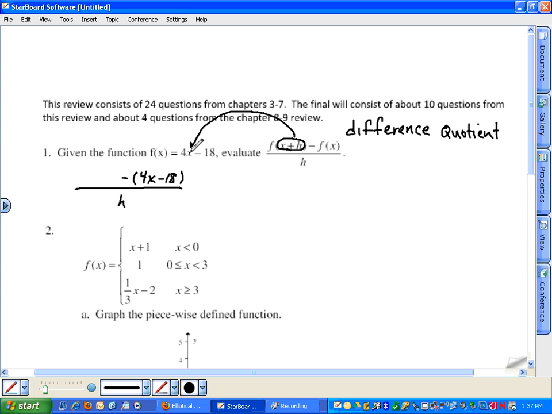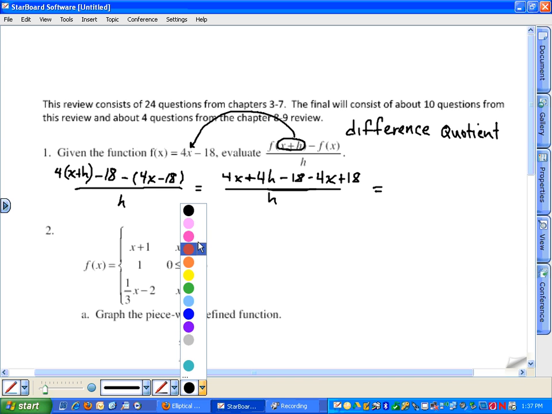So instead of 4x minus 18, that 4x minus 18 becomes 4 parenthesis x plus h minus 18. Now when we simplify, distributing to get rid of parentheses, we're going to have 4x plus 4h minus 18 minus 4x plus 18 all over h.